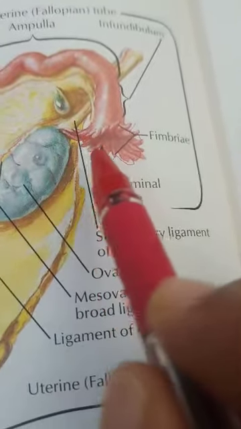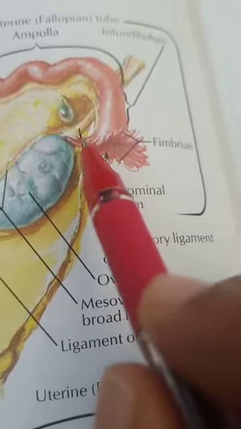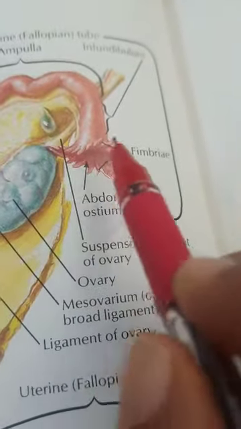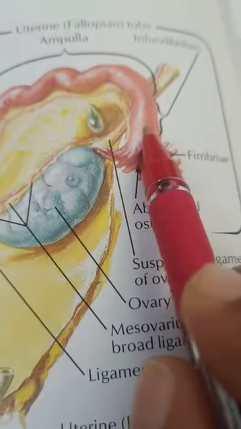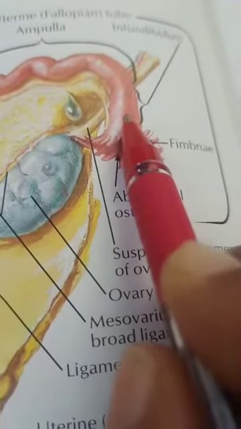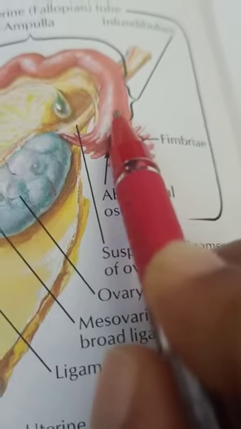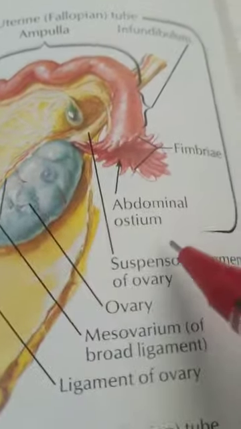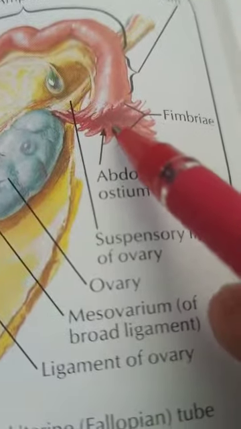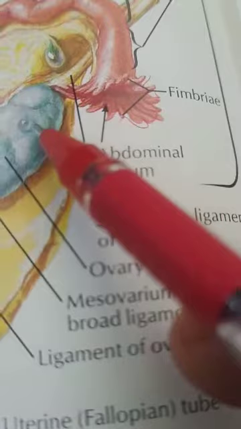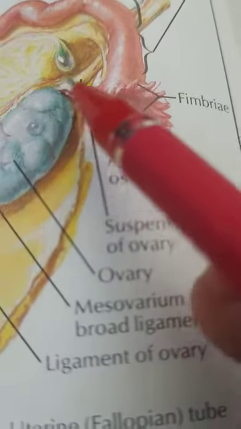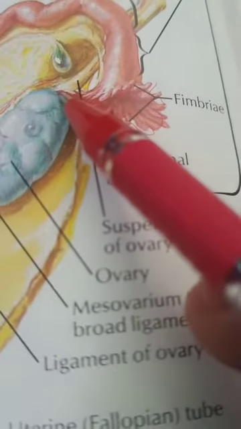This is known as the ovarian fimbria. The infundibulum is the lateral end of the uterine tube. It is a funnel-shaped structure containing finger-like processes known as fimbriae. One fimbria is longer than the others, and it is known as the ovarian fimbria.